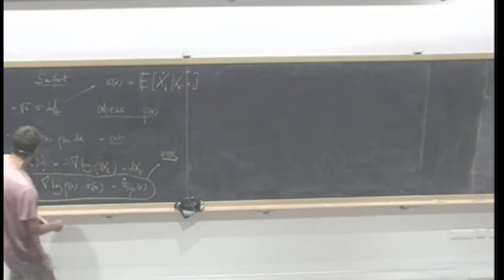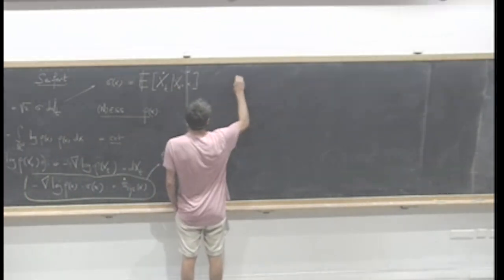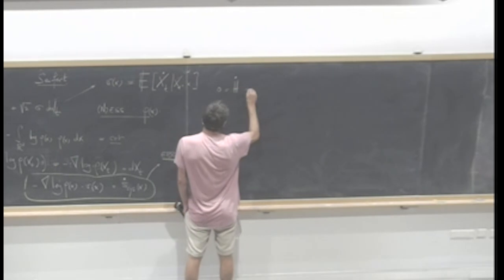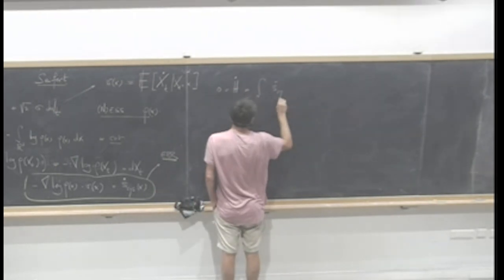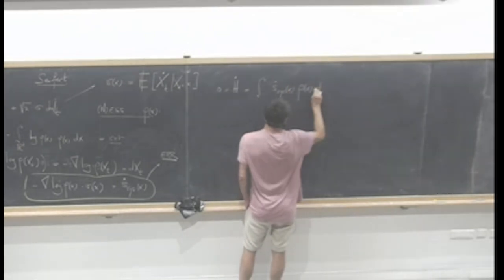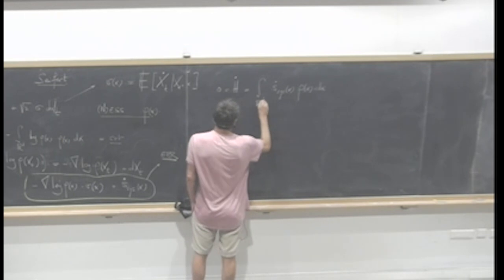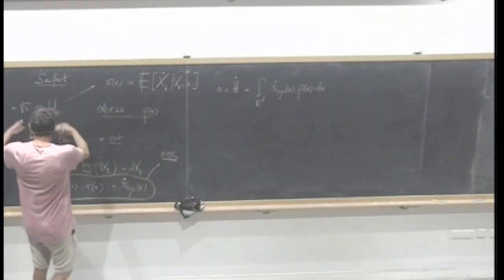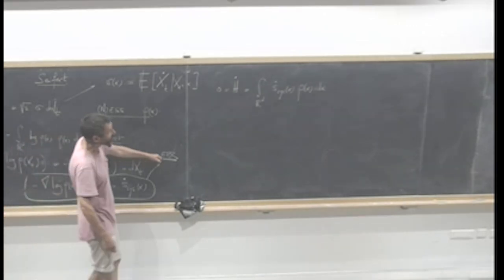Well, it's the quantity that has the property that if you look at h dot, which is equal to 0, and you take this quantity and average it over rho of x dx, if you undo all that, it tells you the entropy production rate.